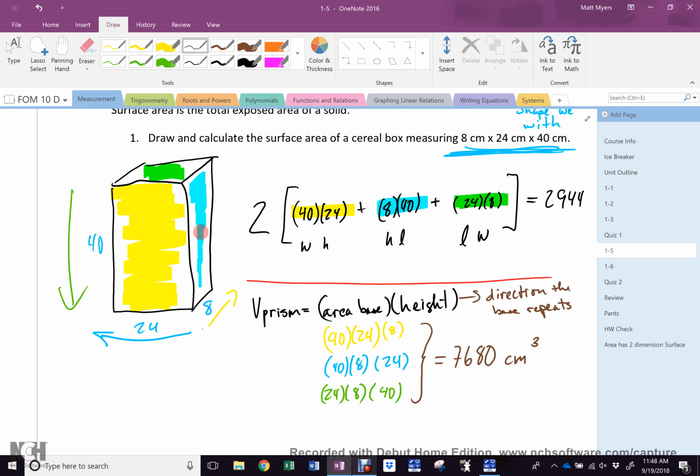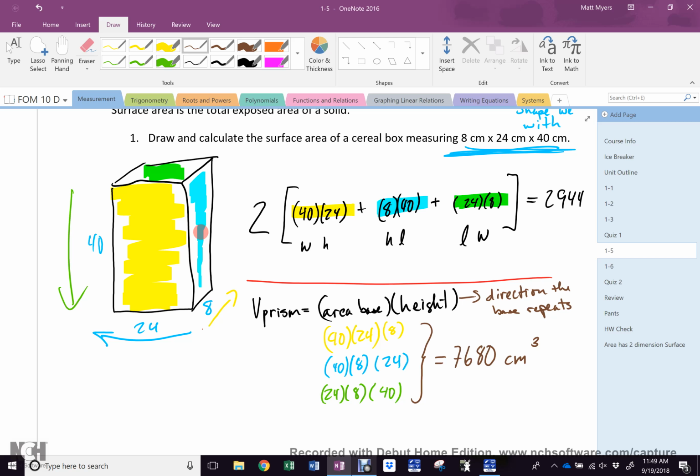Because that rectangle, which is 8 by 40, is repeating this way until it gets to this side. That is the blue one. That is the yellow one. That is the green one. So the green could be the base on the bottom or the base here, because that shape repeats all the way out to here this many times.